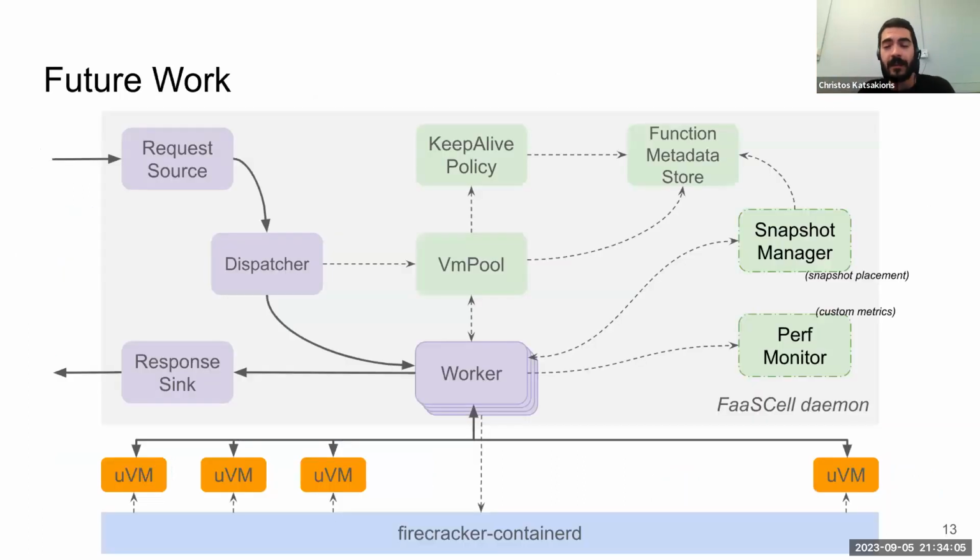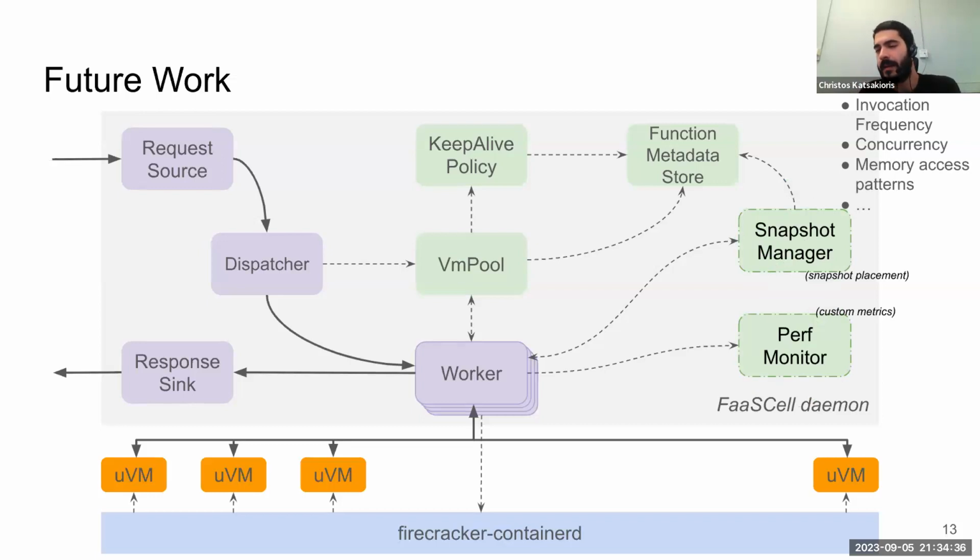So we believe that there is room for intelligence in how snapshots are placed among the devices across the storage hierarchy. Our next step is to work on the snapshot manager and the performance monitor to create algorithms and policies for placing microVMs depending on the function that they're responsible for executing.